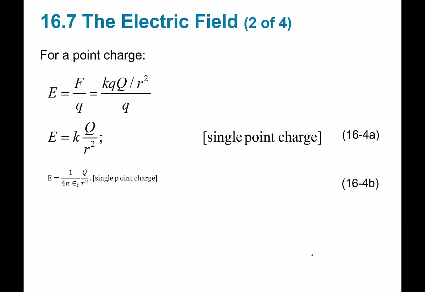And this is the formula that we already discussed, how it gets cancelled, and the ultimate formula is E is equal to KQ over R square. By the way, the K value that you see here is actually 1 by 4 pi epsilon naught, where epsilon naught is the permittivity of free space, and it's a constant.